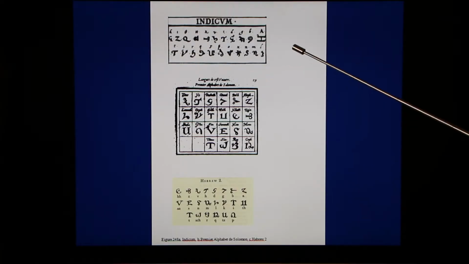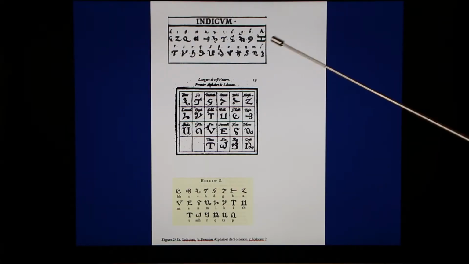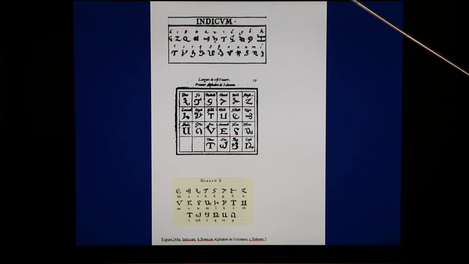And so now we're going to go through some of the other links, linking the East and West. Here is Indicum, which, you will see, I'm suggesting is now an equivalent of Indian 2.